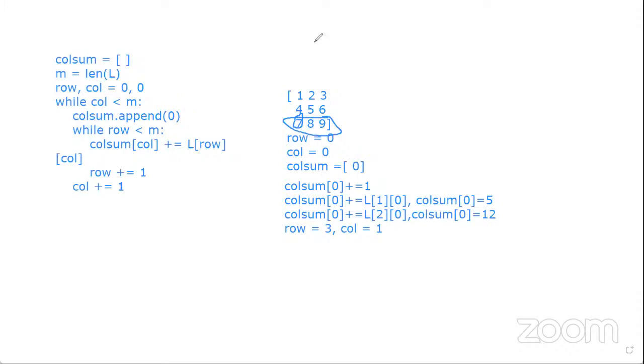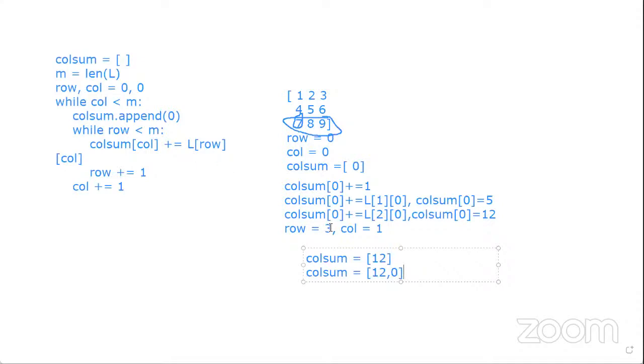Until now we have call sum equals to 12. Since we are appending 0 again, it will become 12,0. We'll append 0 value at the end. Until now we have row equals to 3.